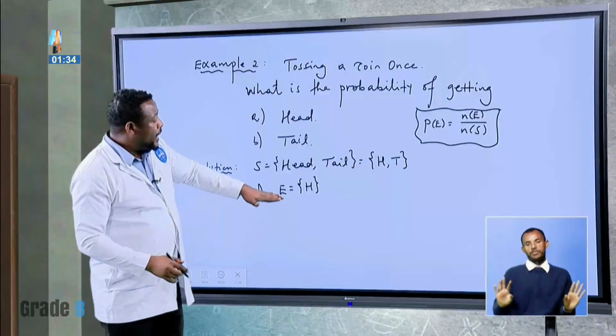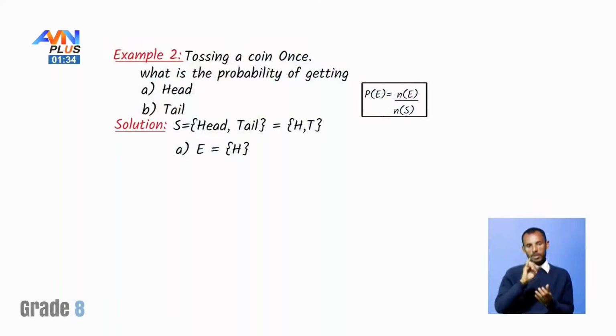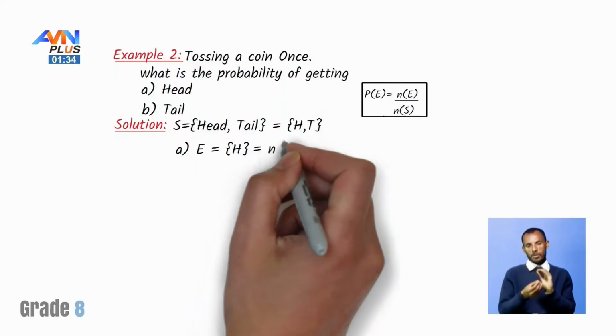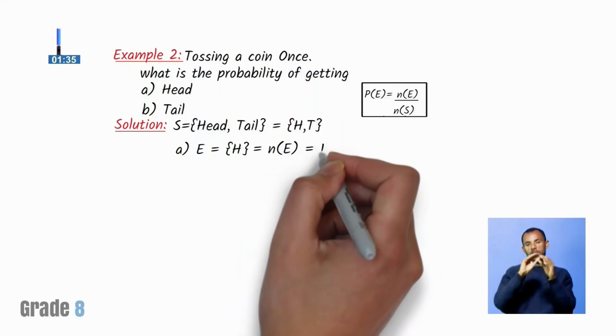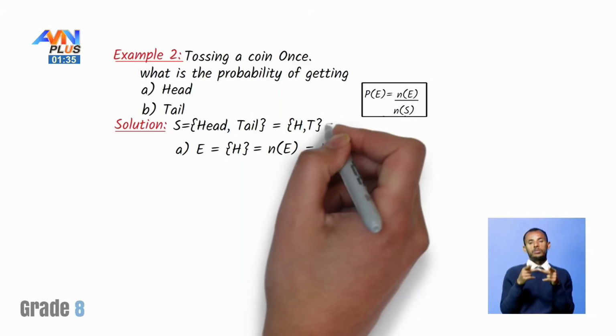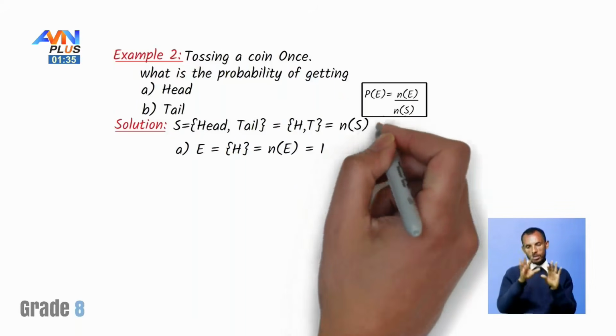So if the event for part A is this one, the number of elements in the set is only one, and the sample space contains only two, so the cardinal number of the sample space is 2.